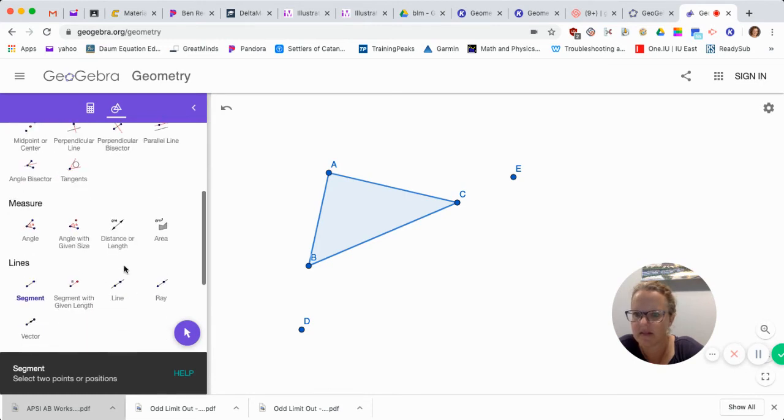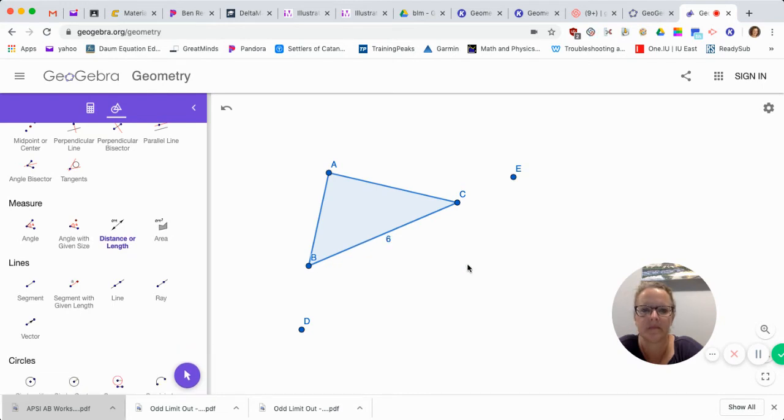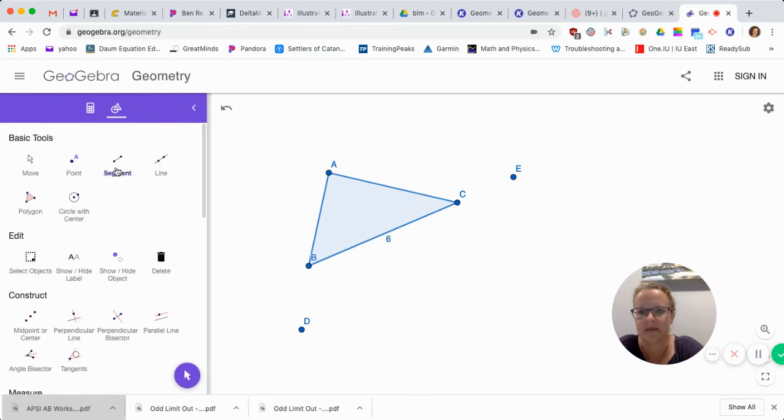Segment, distance or length. I'm not going to be able to make a segment exactly 6 inches long or 6 units. All right, let's see. I don't have a way to do this. Ooh, I know what to do.